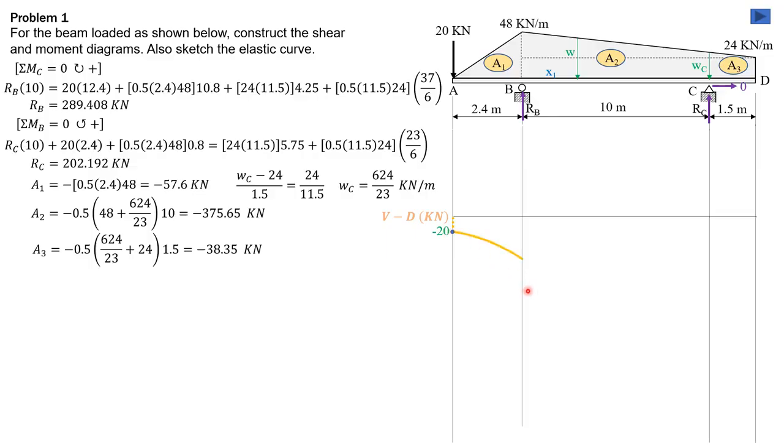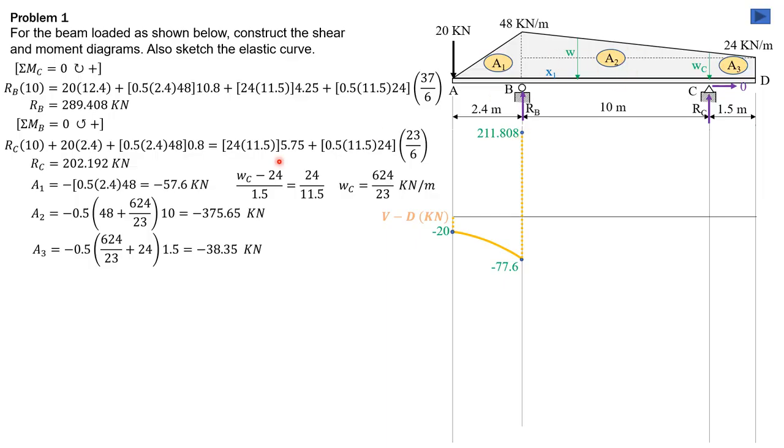So negative 20 plus negative 57.6 is negative 77.6. Then plus R sub B, which is 289.408. So negative 77.6 plus 289.408, we have 211.808.